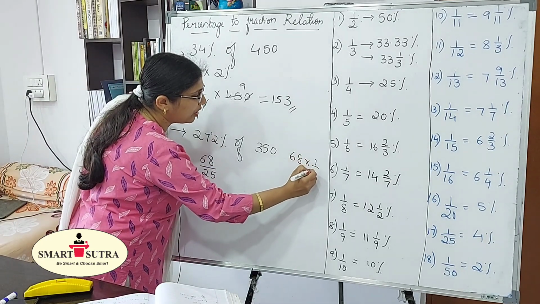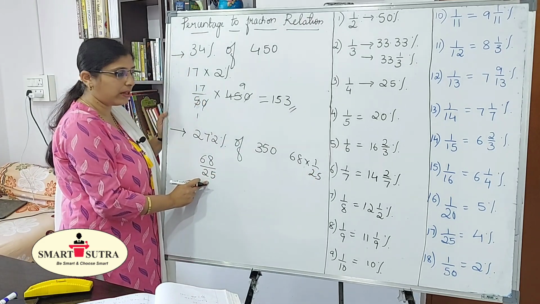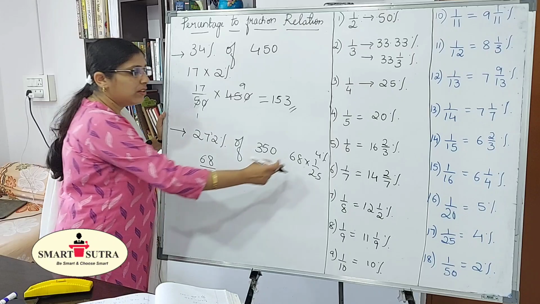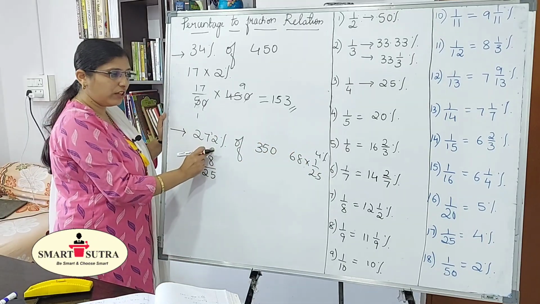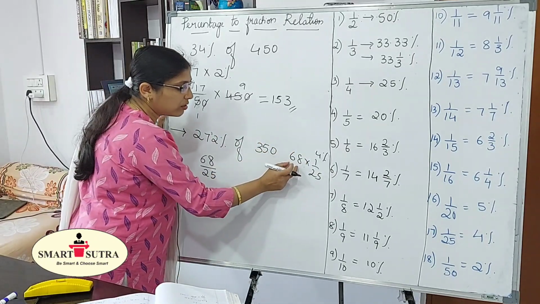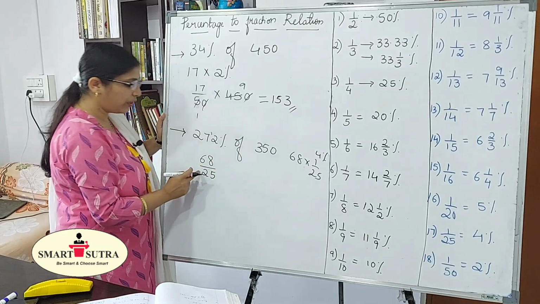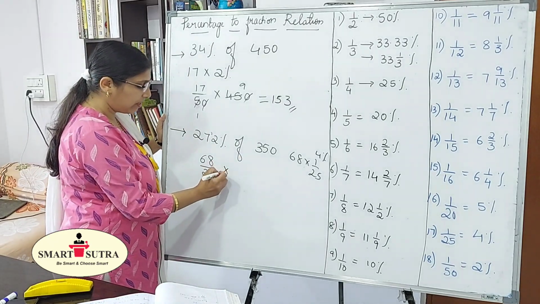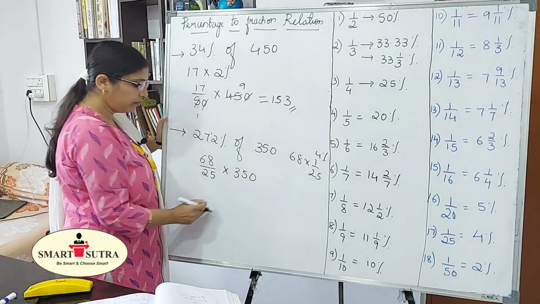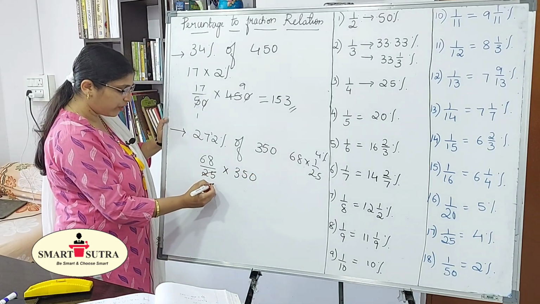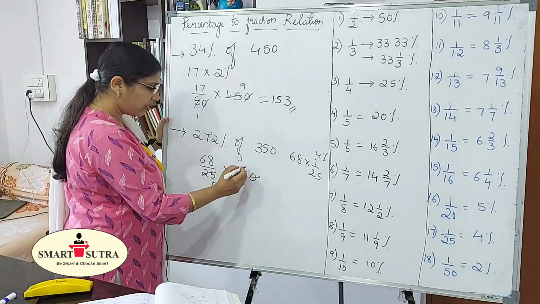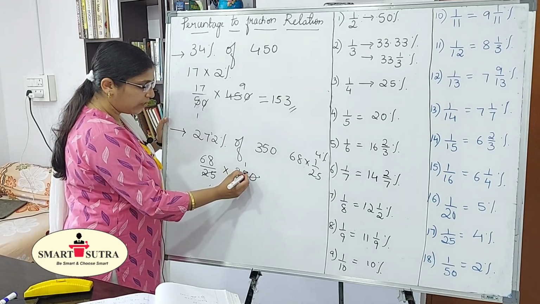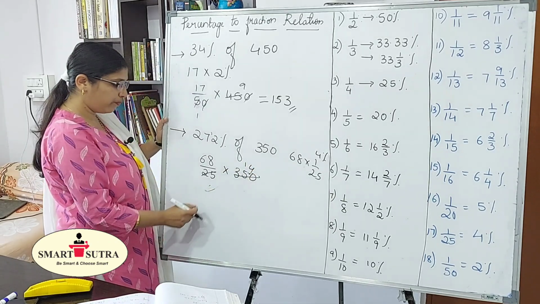68 into 1 by 25 is nothing but 68 by 25. Why 25? Because it is the 4% fraction, isn't it? 68 into 4% is 272%. So 68 into 1 by 25 will be 68 by 25, and write this 350. Then you can directly take with 25: 25 ones are 25, 10 will remain, 25 14s are 350.